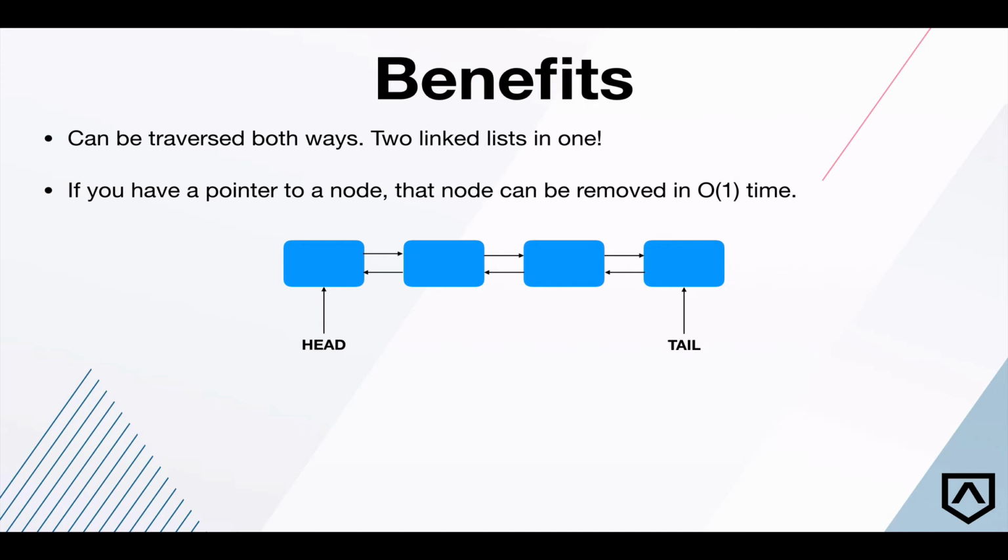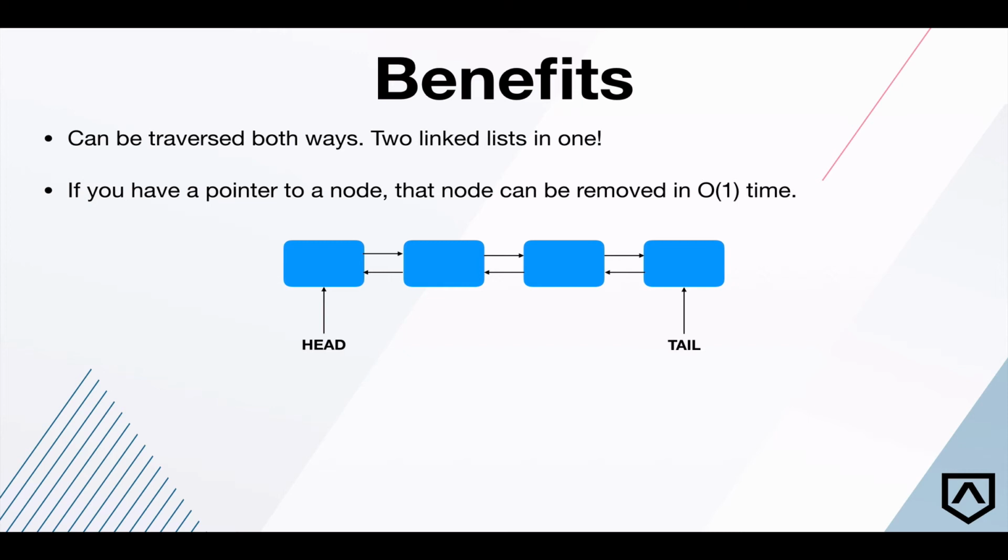And here we can actually do that because we have links to all the previous nodes as well as links to all the next nodes. So here, if we want in a doubly linked list to remove a node from the middle of the list, getting the previous node is an order 1 operation. Getting the next node is an order 1 operation because we have pointers from the current node to both the previous and the next.